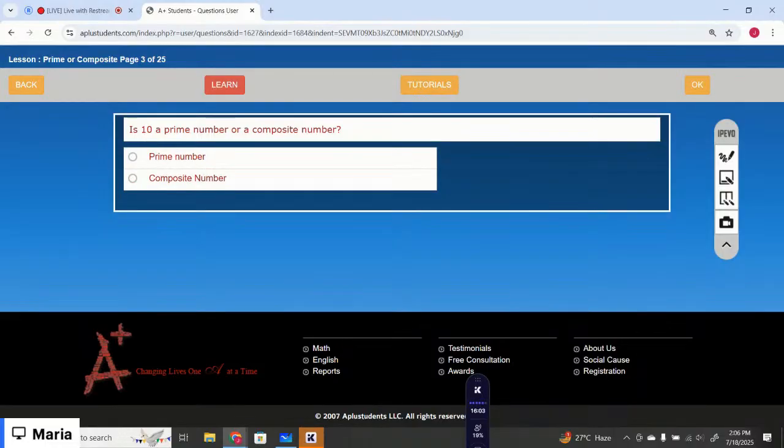Okay, is 10 a prime number or a composite number? Very good. So which is the correct option? Yes, it is a composite number. Very good. So 10 is a composite number.